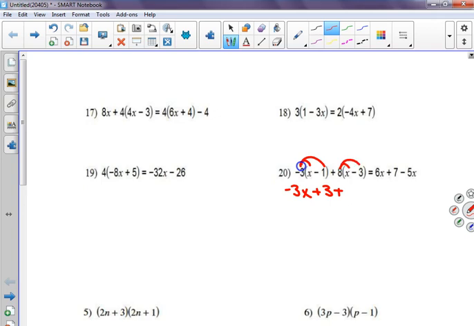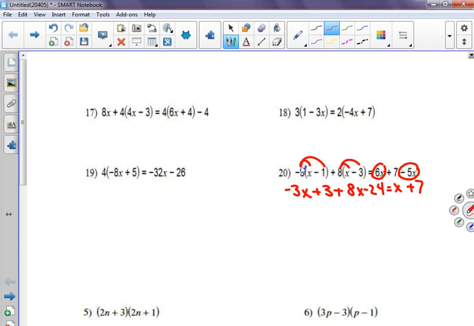Distribute again. Perfect. And then combine my terms on this side. 6x and -5x, even with just an x, plus 7.